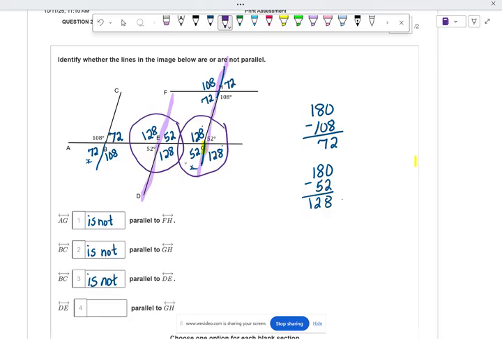These are corresponding angles. If corresponding angles are congruent, then the lines are parallel. So line DE is parallel to line GH, and that is the only correct answer for this question.